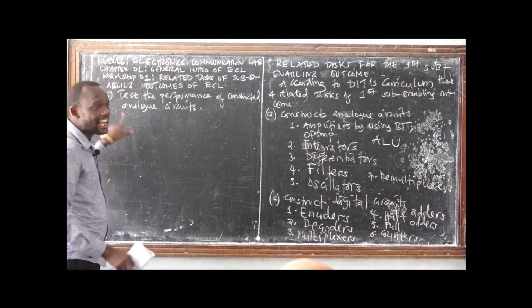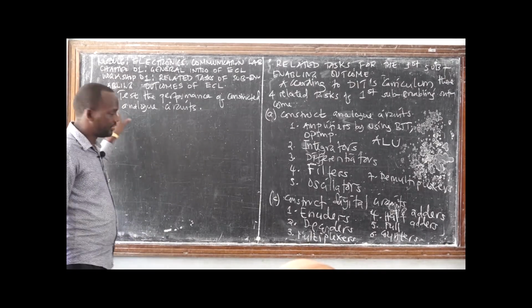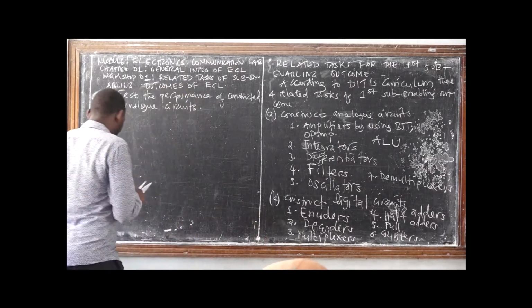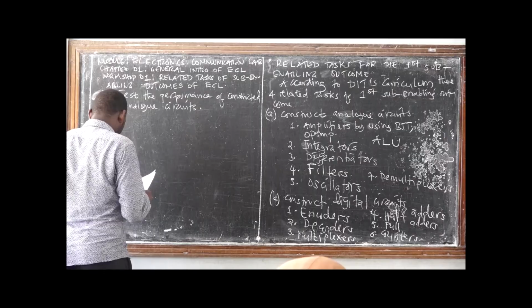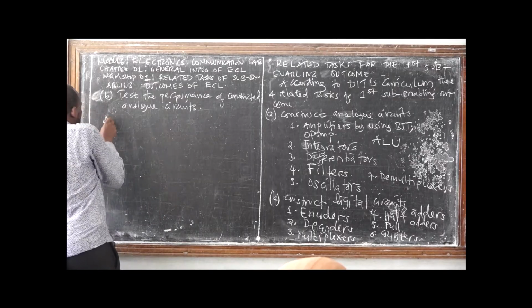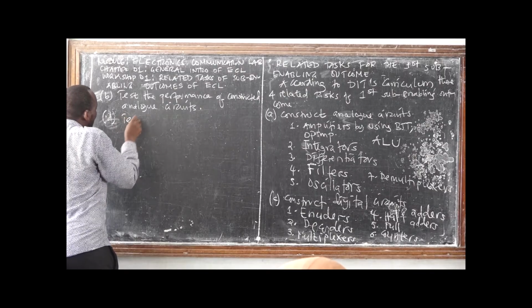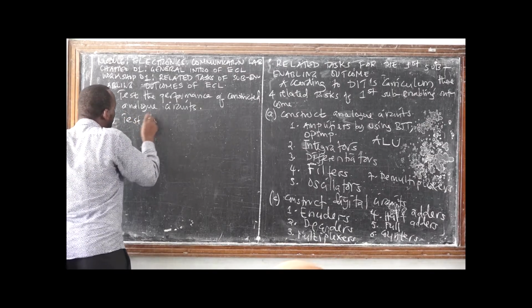So this is the second related task. This is the third related task. So from there, it's very simple for you to predict the last related task in this first sub-enabling outcome. The last one is test the performance.